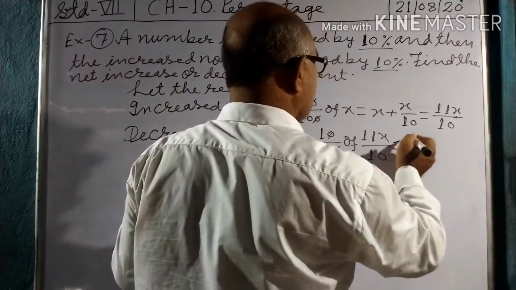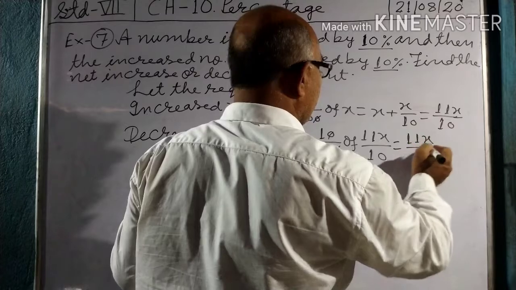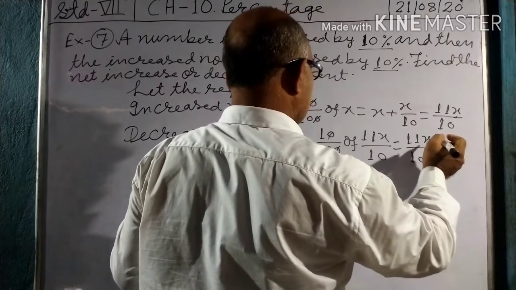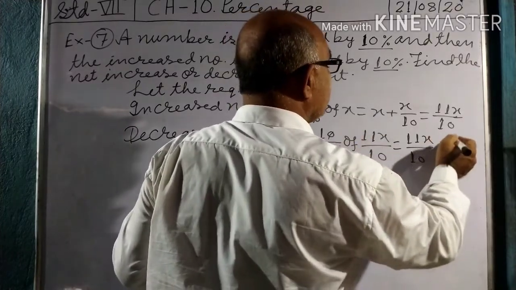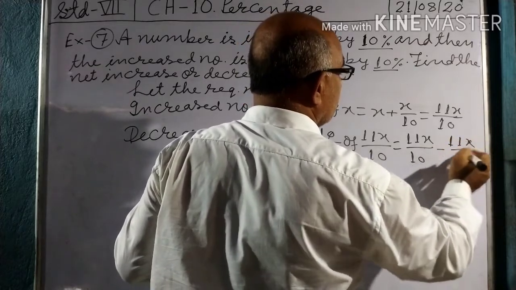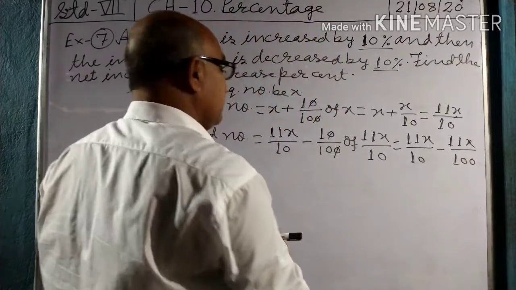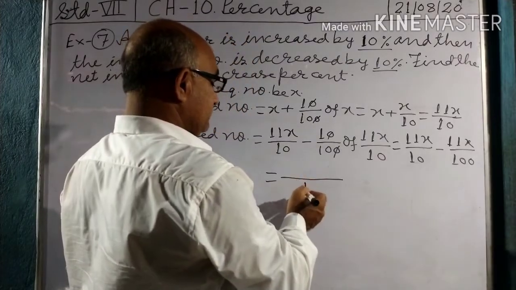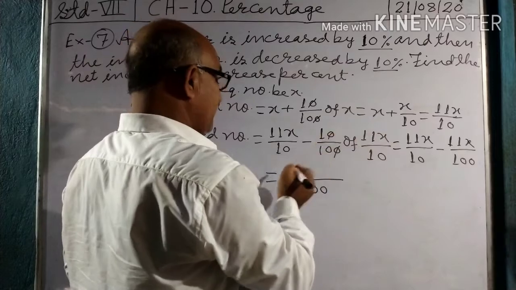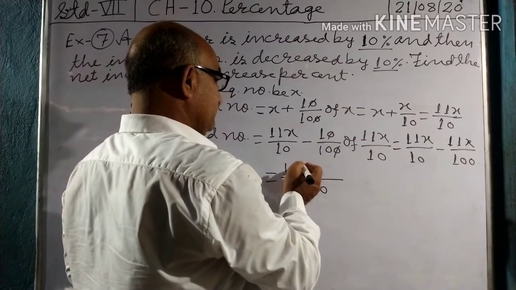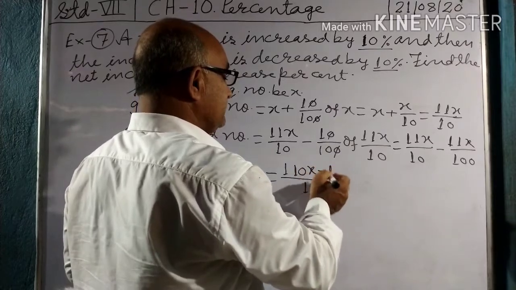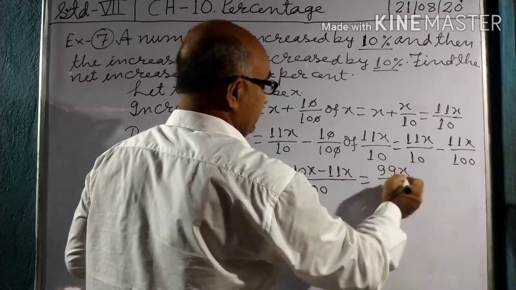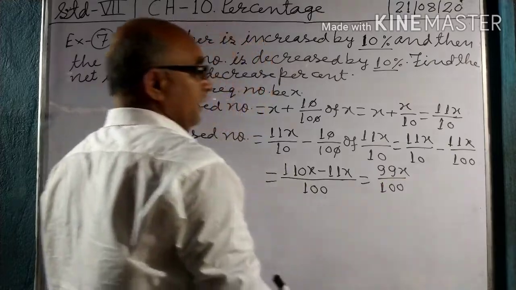Now 11x by 10 minus 11x by 100 equal to, taking LCM, LCM of 10 and 100 is 100. 10x minus 11x... so 110x minus 11x equal to 99x by 100.